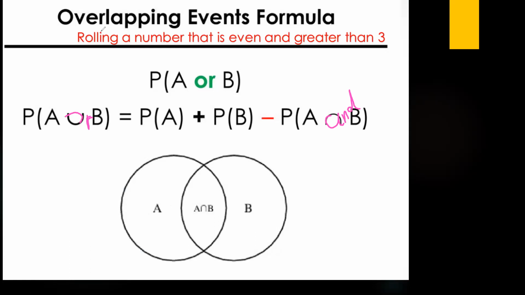But here we have mutual or common events, such as rolling a number that is even and greater than 3. So now let's see here.